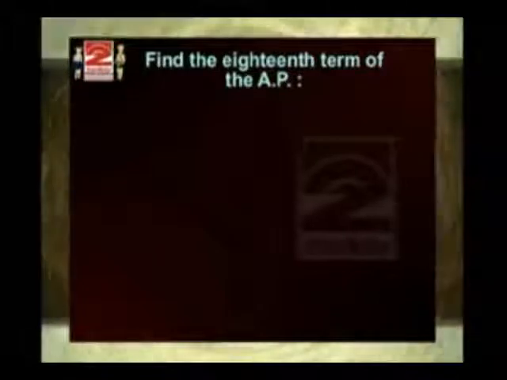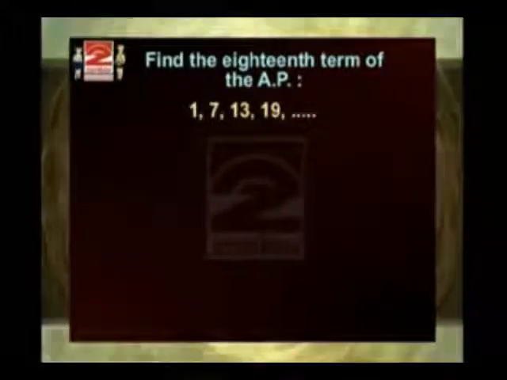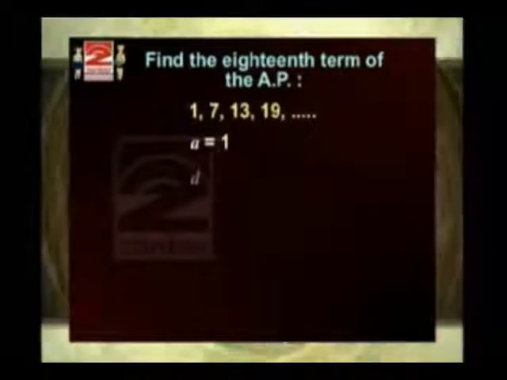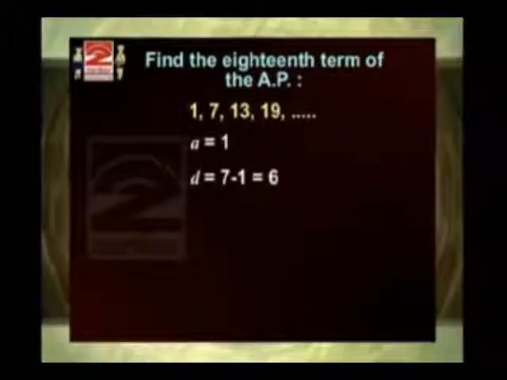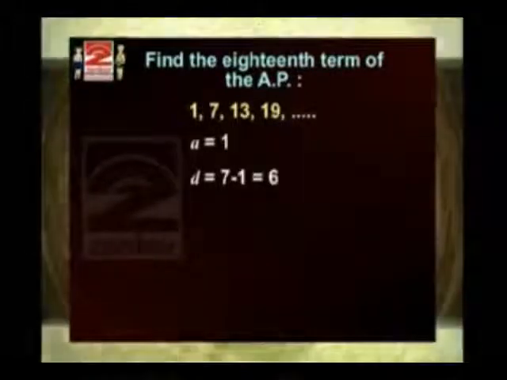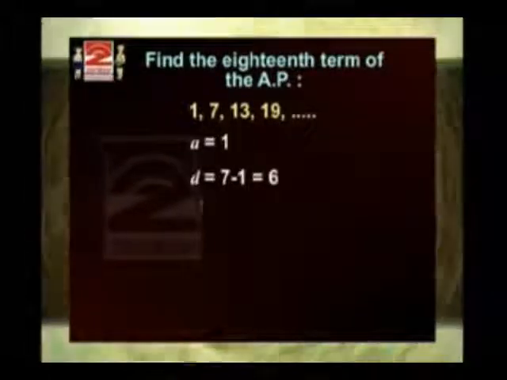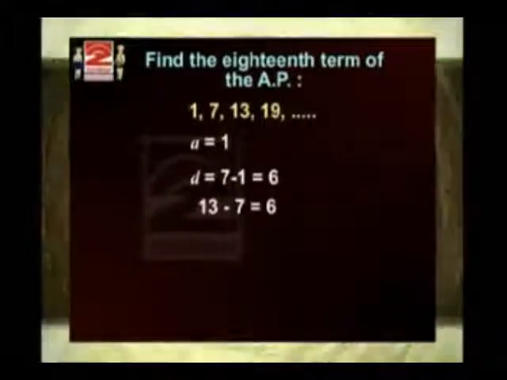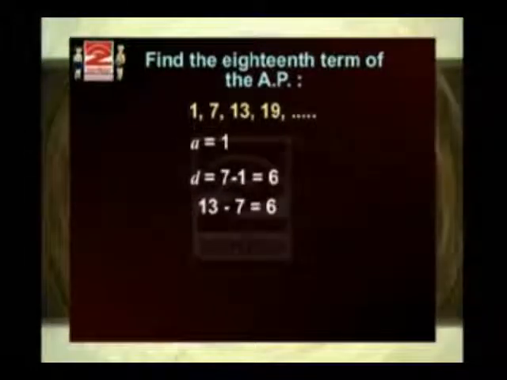Now the question, find the 18th term of the AP 1, 7, 13, 19. Here A is equal to 1 and D is equal to 7 minus 1, that is equal to 6. Also we confirm 13 minus 7, that is equal to 6.